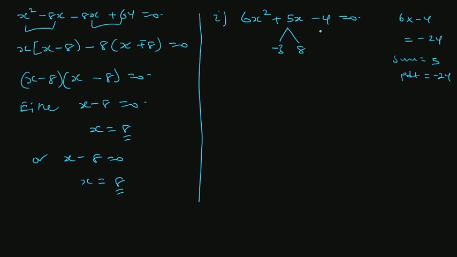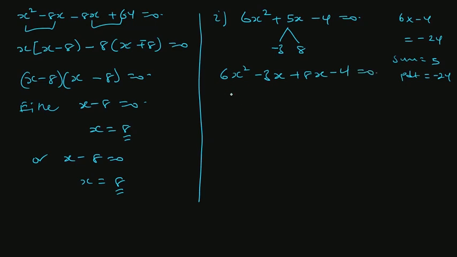Then the product should give that new value, in this case negative 24, and the sum remains the coefficient of x. So we expand as usual, but we don't bring the 24 here. When expanding, you keep the 4: 6x squared minus 3x plus 8x minus 4 equals 0.